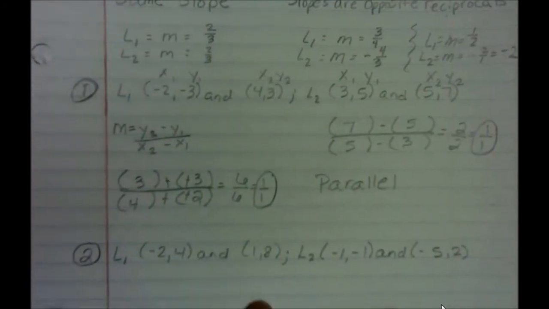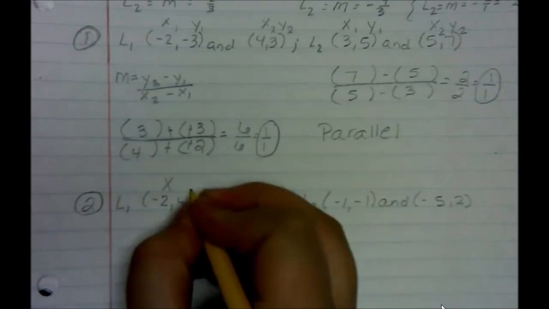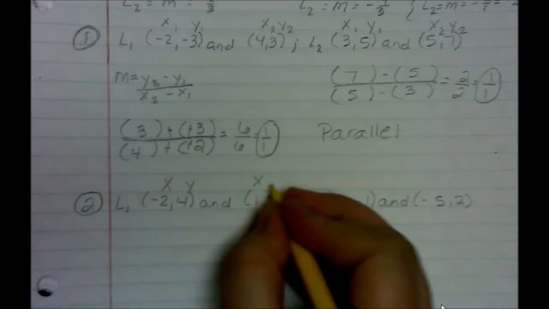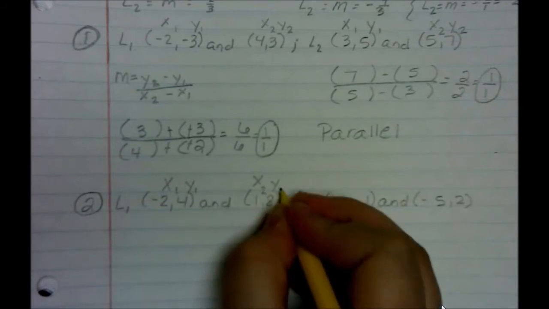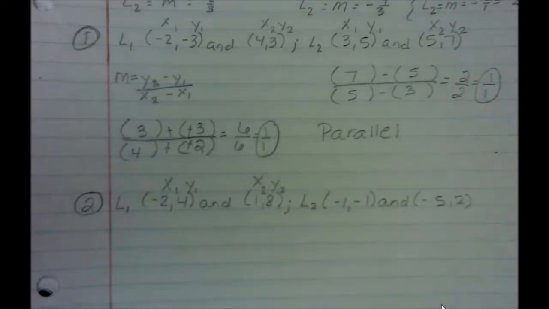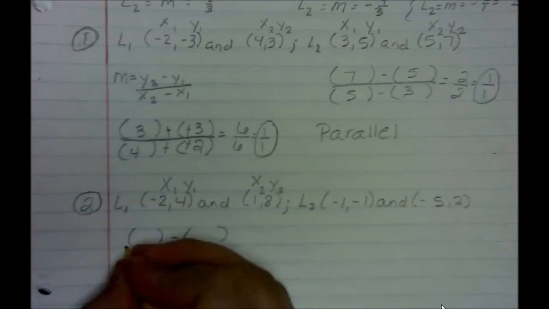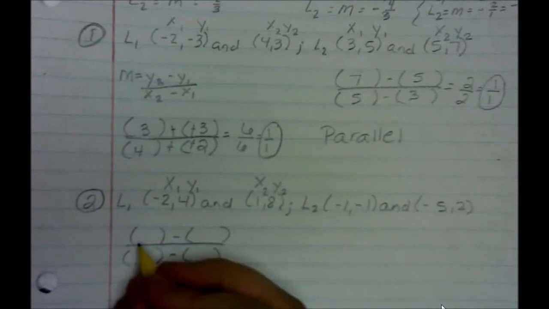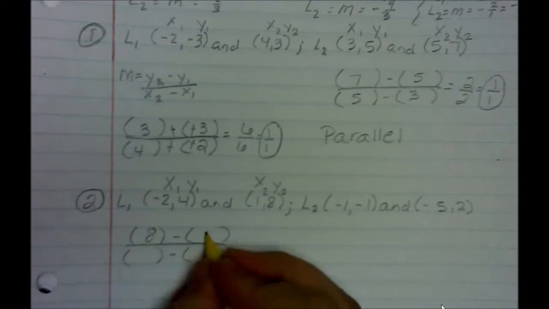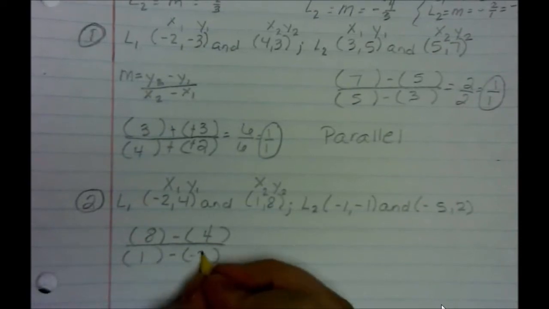So what I'm going to do is label my x value and y value in each ordered pair, and then this is my first ordered pair, this is my second ordered pair. So you write in your parentheses. So y2 is 8, y1 is 4, x2 is 1, x1 is -2.